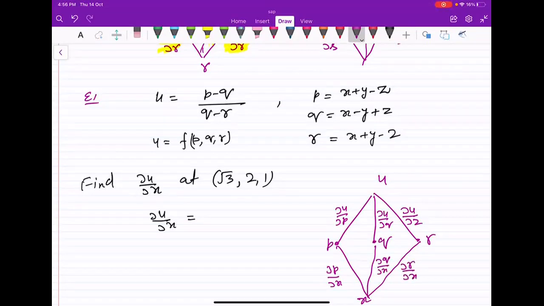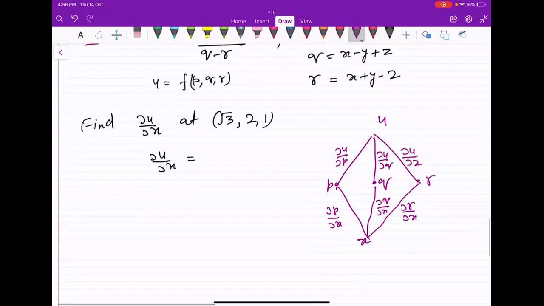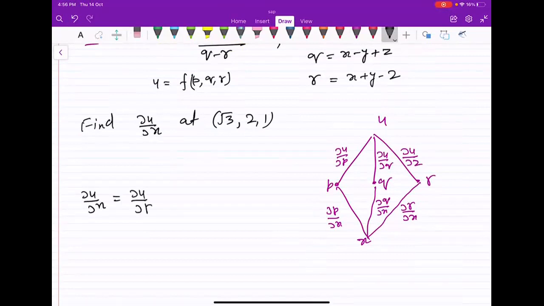Now del u over del x is equal to del u over del p times del p over del x, plus del u over del q times del q over del x, plus del u over del r times del r over del x.